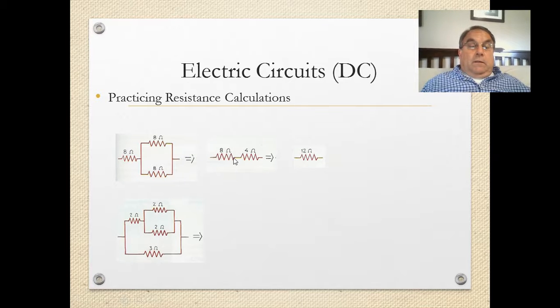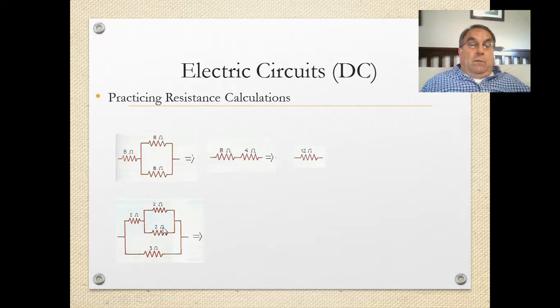Okay. Now we have two parallel resistors in series with this one. And then this part of the circuit is in parallel with this part. Okay. So first we have to solve this one, add it to this one, and then figure out what these two are. Okay.